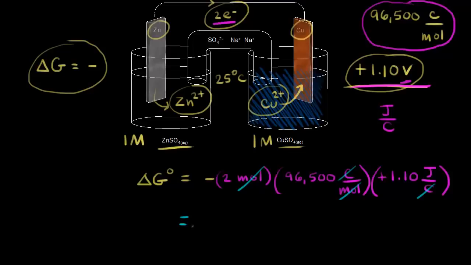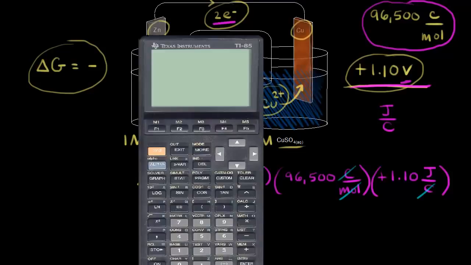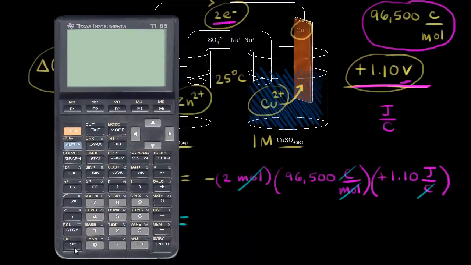So let's go ahead and calculate how many joules. So let's do the calculations. We have 2 times 96,500, and then we're going to multiply that by 1.10. So that would give us 212,300 joules. So remember, this was in joules, and let's go ahead and convert that to kilojoules.